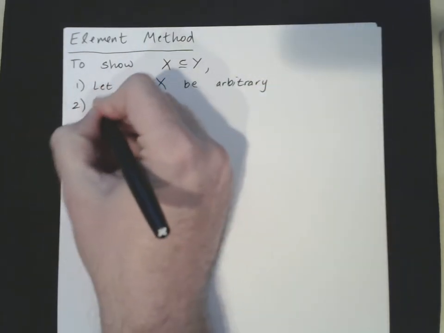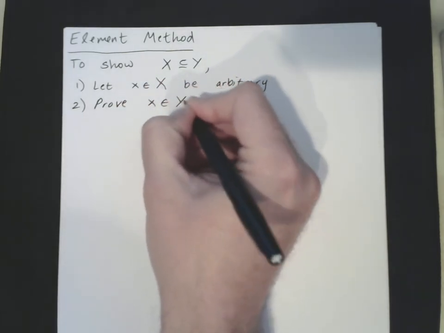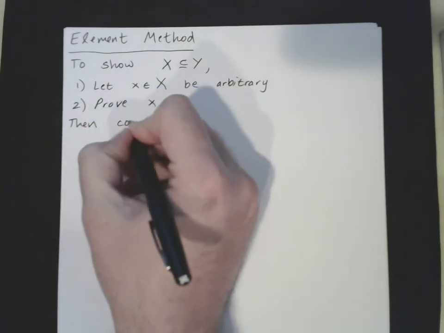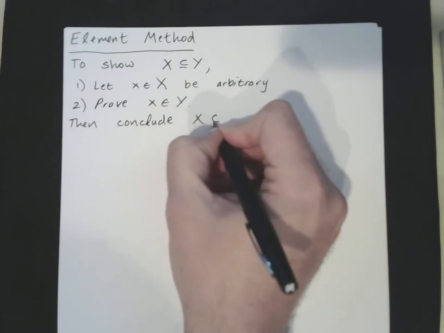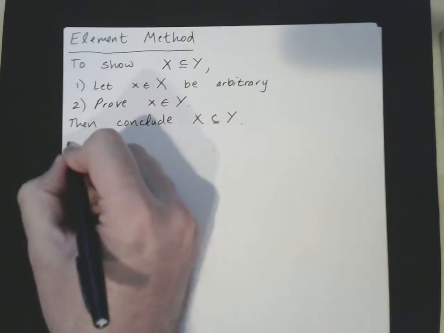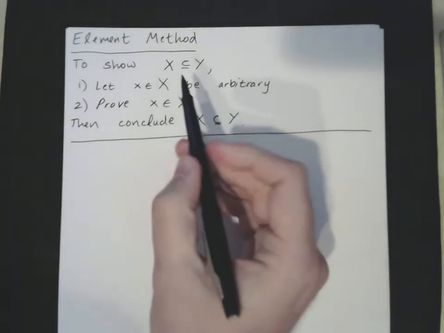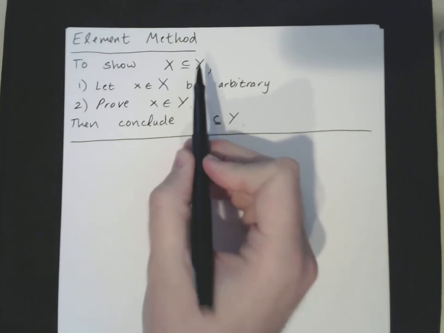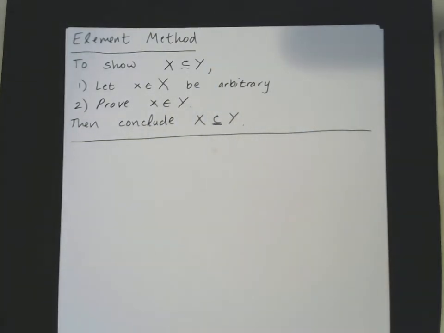And 2, we prove that x is also in capital Y. And then we can conclude that X is a subset of Y. So if you take any arbitrary element of this set, and you show that it's always going to be in this set, then you can conclude that you have a subset.